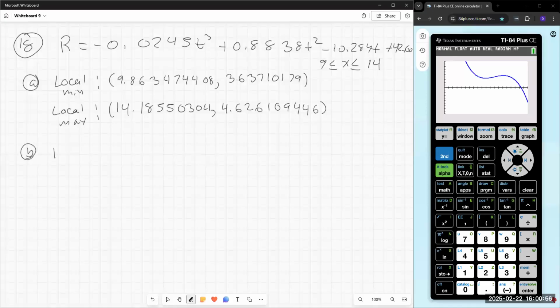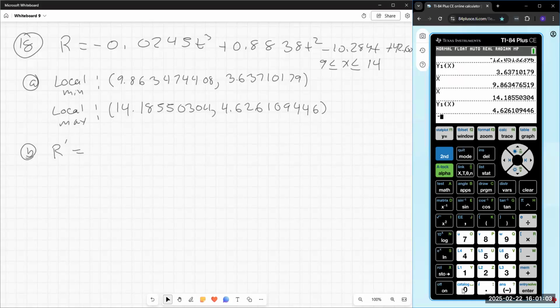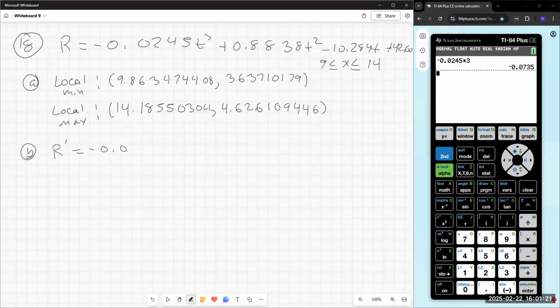So part B, R prime is going to be negative 0.0245 times 3, which is negative 0.0735 t squared plus 0.8838 times 2, which is 1.7676 t minus 10.284 all by itself.